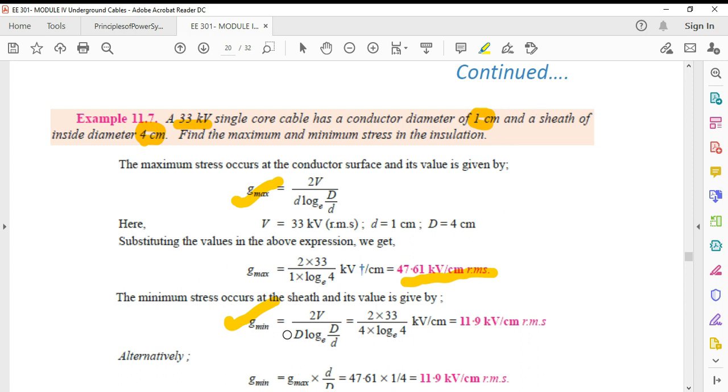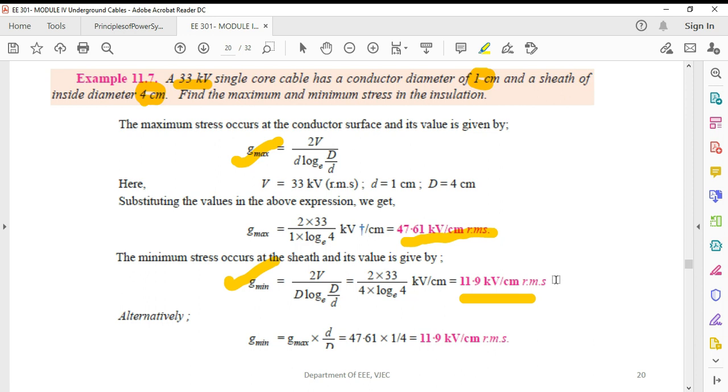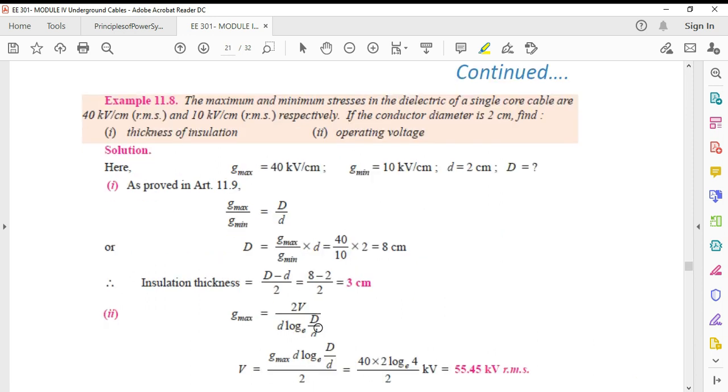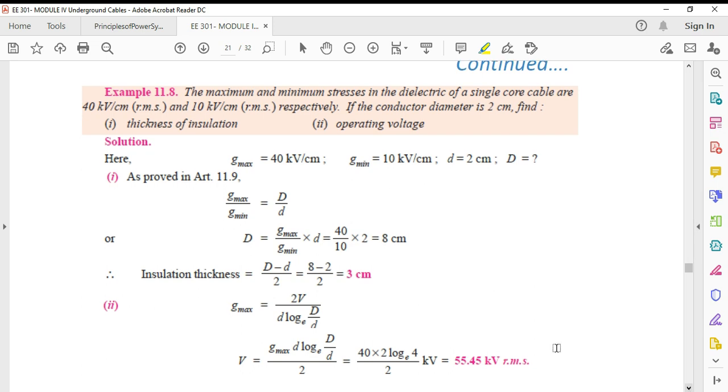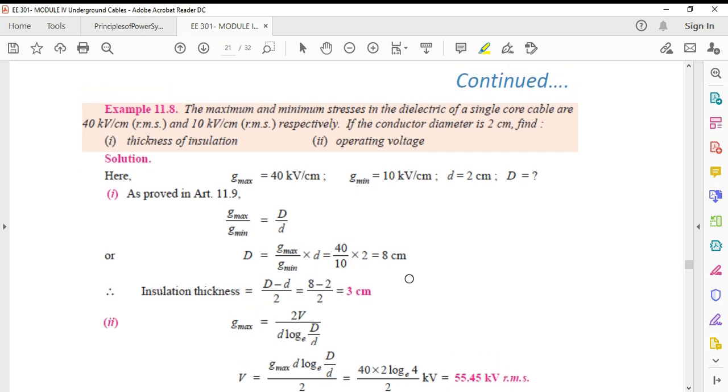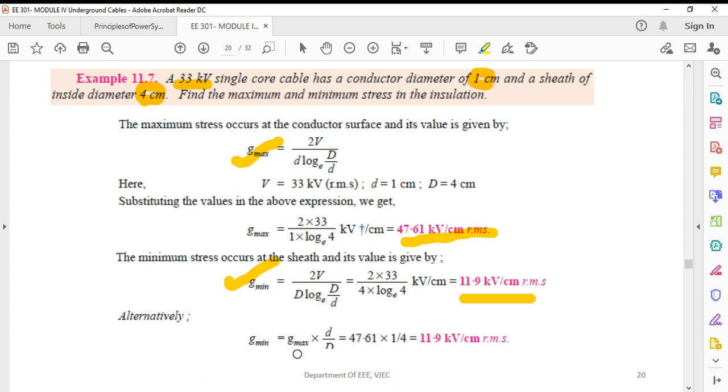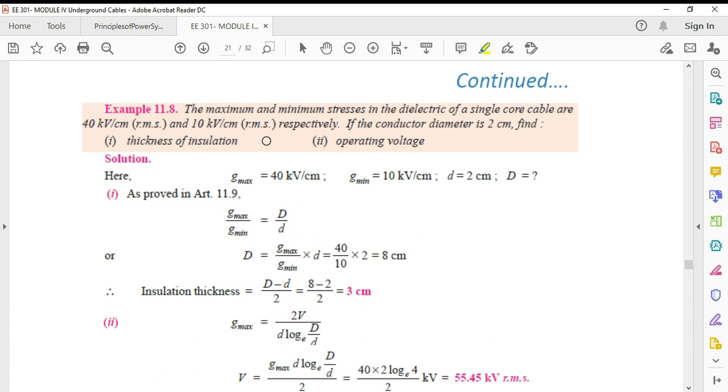Similarly, G minimum, substitute the values, then we will get it as 11.9 kV per centimeter. Or once we have found G max, we can find G minimum as G minimum equal to G max into d by D.